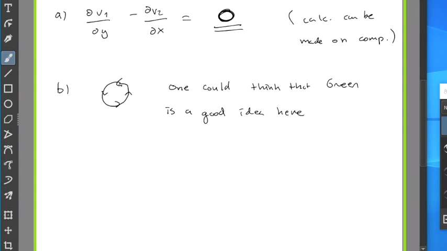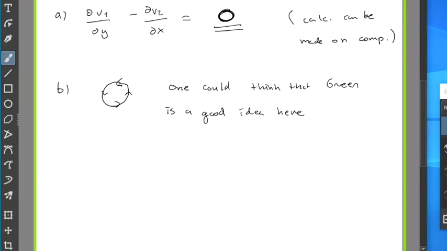So the Green theorem would then be to take those two partial derivatives, take exactly that expression, put a minus sign on it, and then integrate that over the unit disk and get a 0.